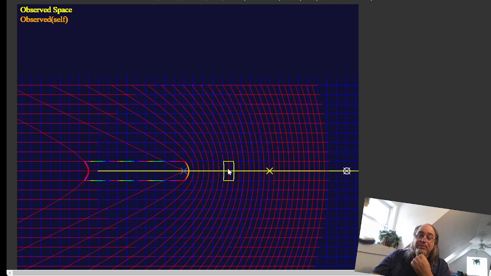But for a moving observer, this is what the observable appears like to the observer after it's passed. It's contracted entirely, and it's only 1.5 light seconds long or something.